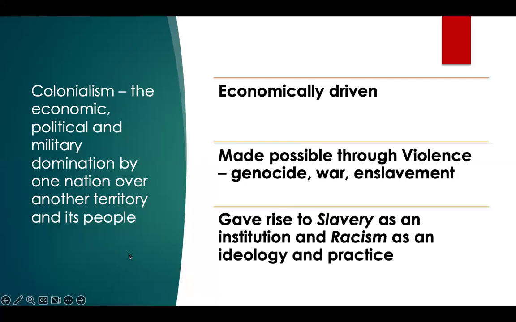So the economic domination, capitalism's expansion through resource extraction and trade, was very important. It was economically driven. The search for wealth and resources was the main force behind colonialism.